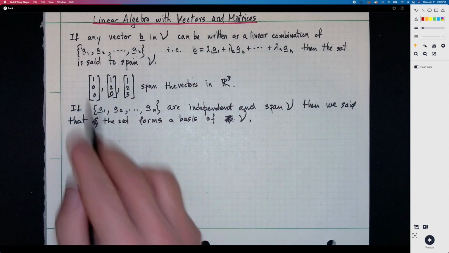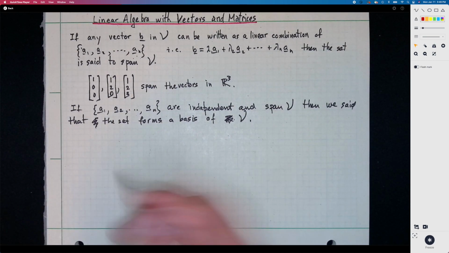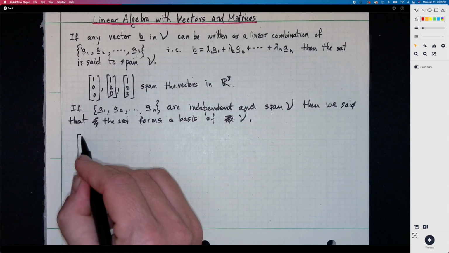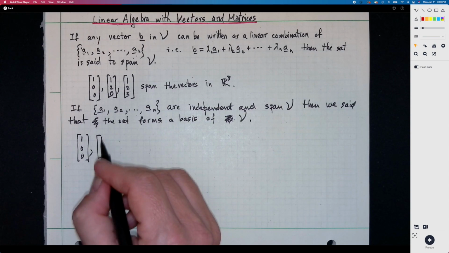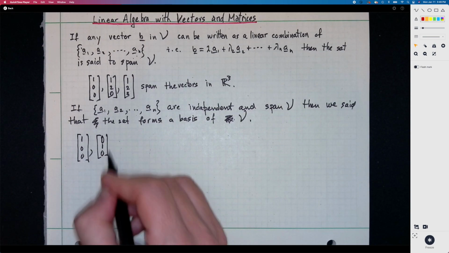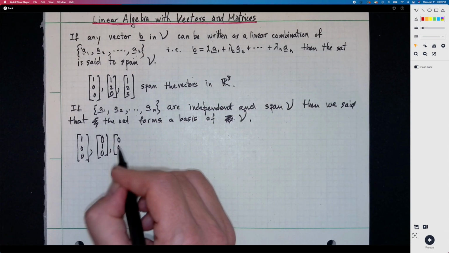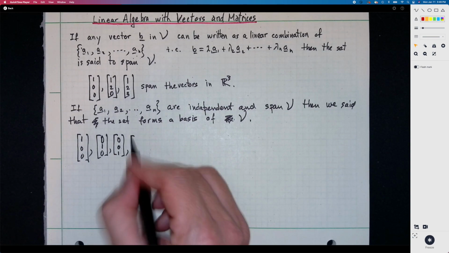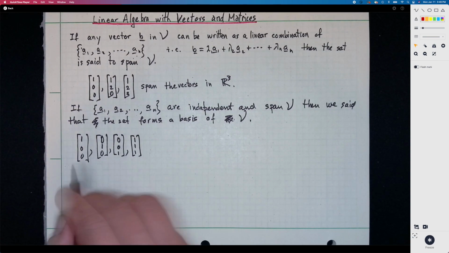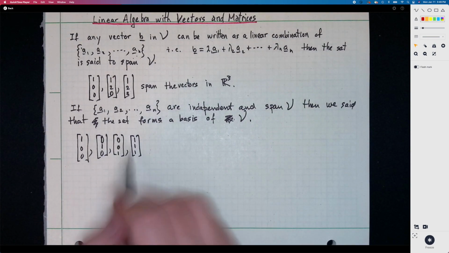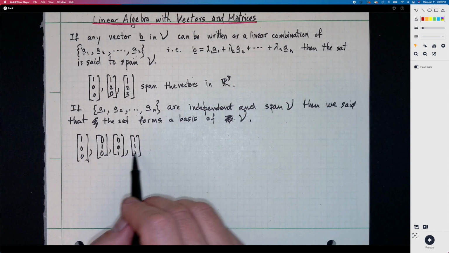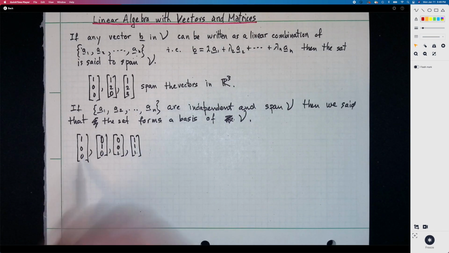An example of a set of vectors that span but could not be a basis is the following: 1, 0, 0, 0, 1, 0, 0, 0, 1, and then 1, 1, 1. These four vectors also span three-dimensional space, but they are not independent because the last one is the sum of the first three.